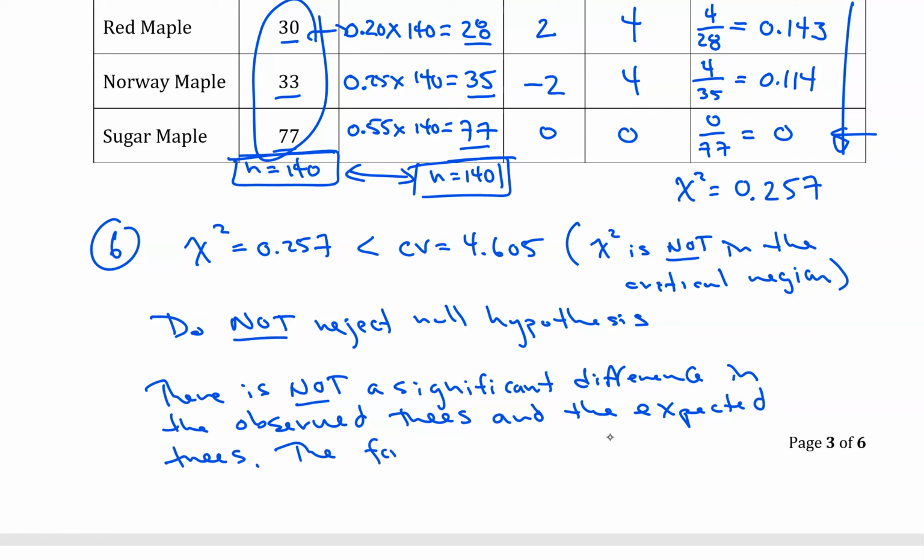The forest does match what we thought originally, what the forester expected.